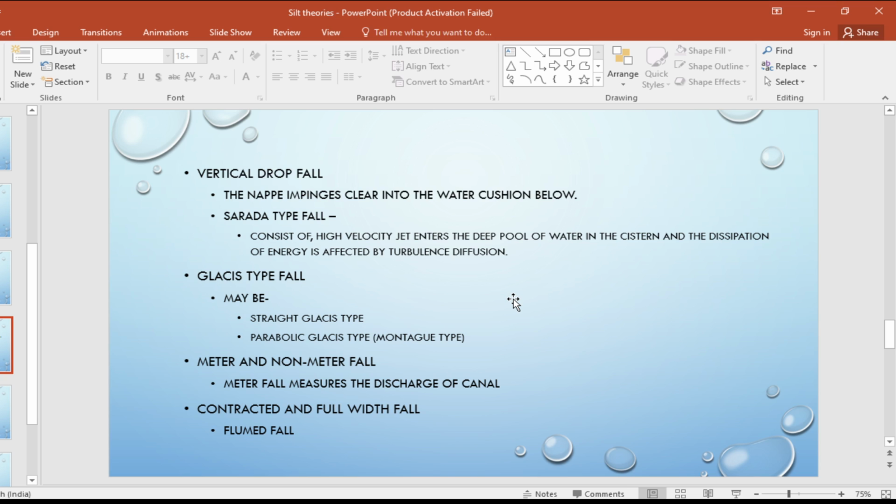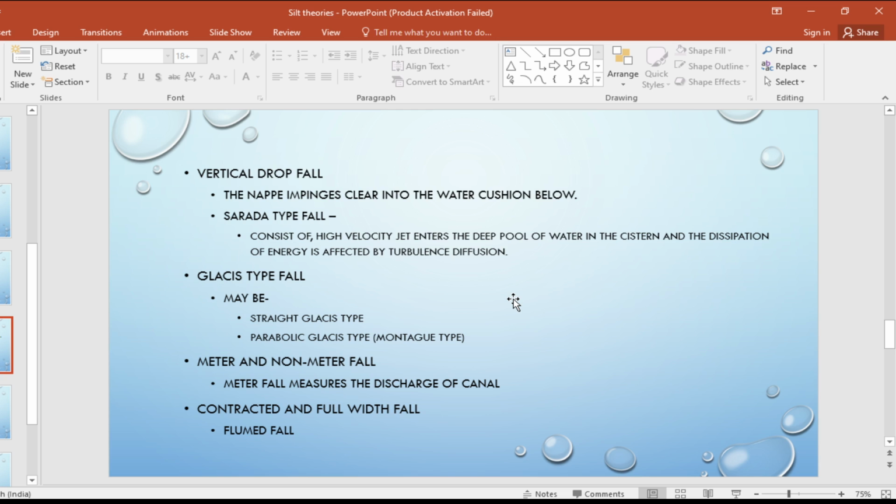Another device in the form of grid was usually used in the cistern intercepting the dropping jet of water. The grid consisted of balks of timber, horizontal and inclined, and spaced some centimeters apart.